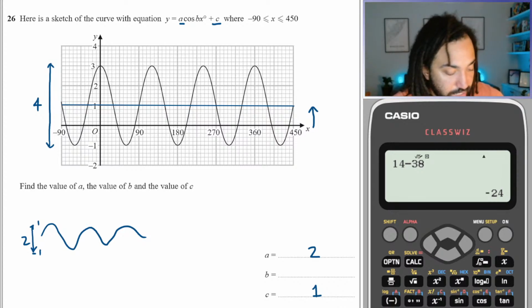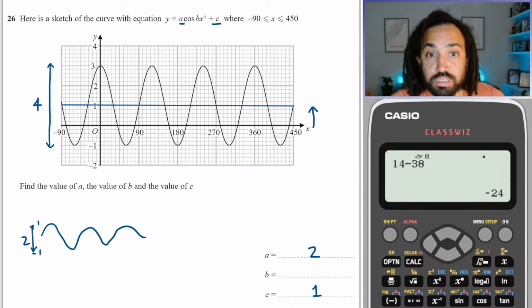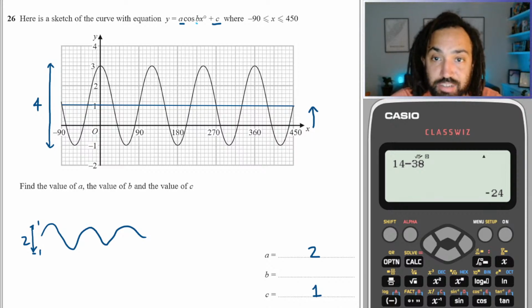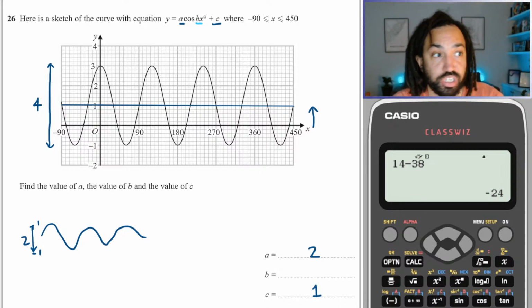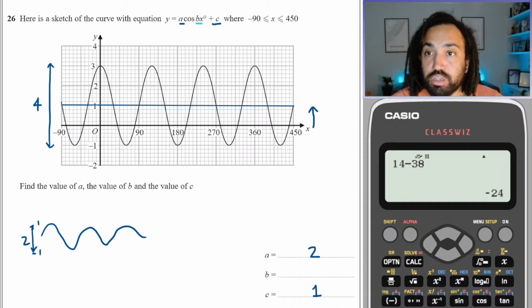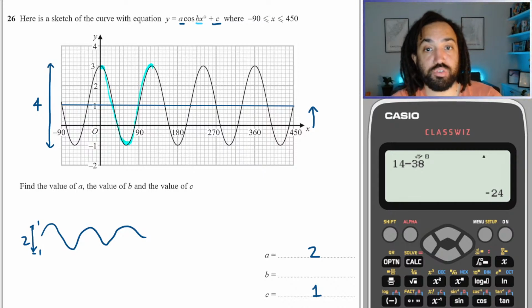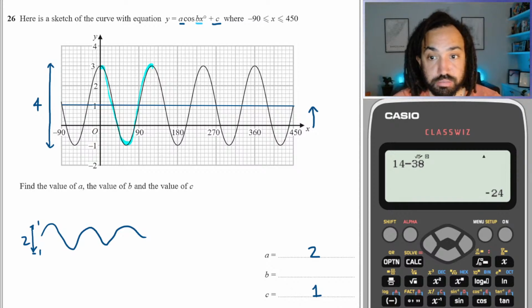I think that is about it actually, because the next thing we need to do is to see, oh no, sorry, there's a b there. The b is how much it's been stretched or compressed along the x-axis. So the cosine graph would normally do one full oscillation like this every 360 degrees.